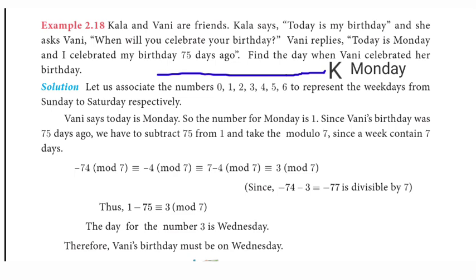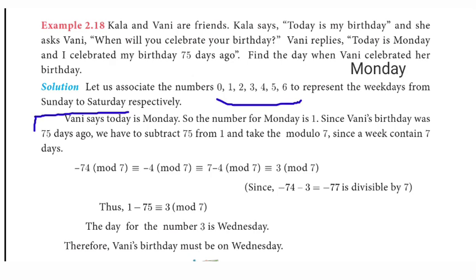Solution: let us associate the numbers 0, 1, 2, 3, 4, 5, 6 to represent the weekdays from Sunday to Saturday respectively. That means Sunday is 0, Monday 1, Tuesday 2, Wednesday 3, Thursday 4, Friday 5, Saturday 6.